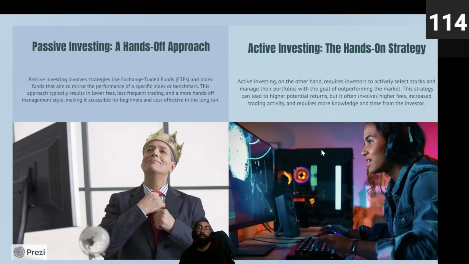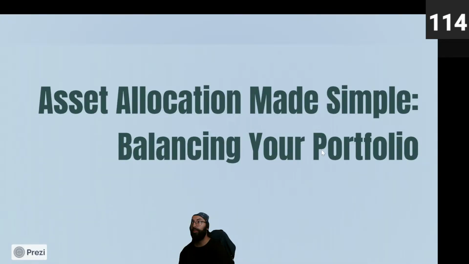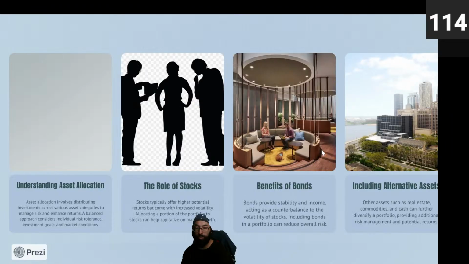Asset allocation made simple. How do you balance your portfolio? So we have understanding asset allocation. This is distributing investments across various asset categories to manage risk and enhance returns. A balanced approach considers individual risk tolerance, investment goals, and market conditions. We have the role of stocks, which typically offer higher potential returns but come with increased volatility. Allocating a portion of the portfolio to stocks can help capitalize on market growth.